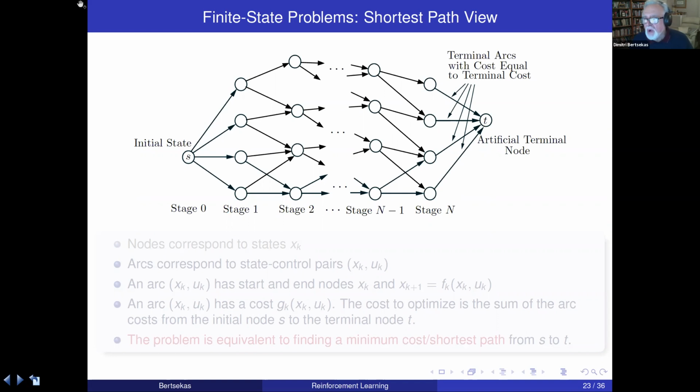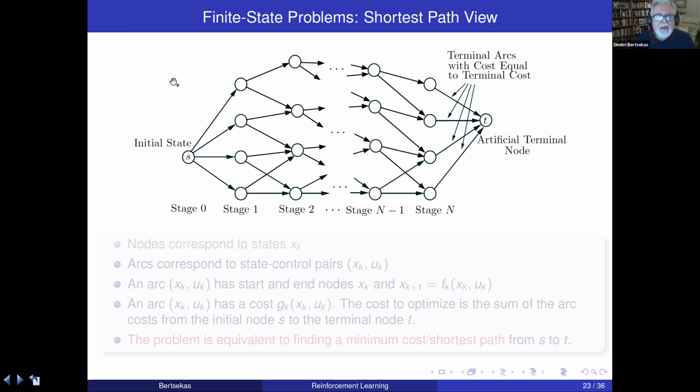The beauty of dynamic programming is that it applies to both continuous spaces and discrete spaces, and also to problems that are stationary, where the function fk and the cost gk may not depend on the stage. So the formulation that I gave is as general as it gets for deterministic dynamic programming.